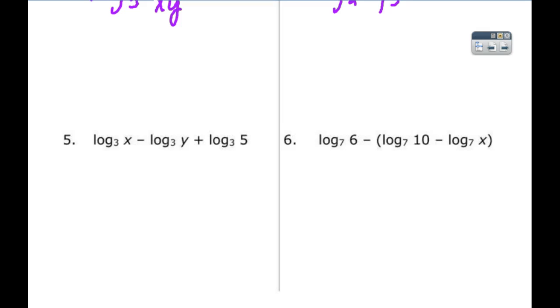Okay, so how do I start this one? Log base 3. So the x goes on top or on bottom? Top. Where does the y go? Bottom. And where does the 5 go? Top, because it's a plus.